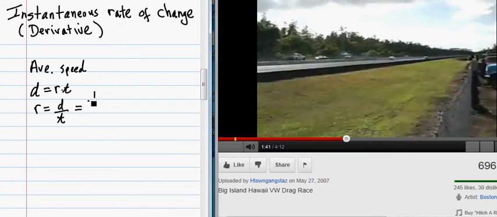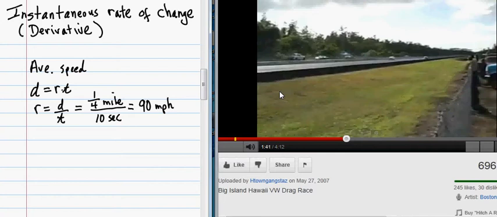And it was a quarter-mile track, and if you watch the video and look at the timer on the video, you can see that it took them about 10 seconds to finish. And if you do the math on that, you get an average speed of 90 miles per hour. So that's the speed that you could have gone from beginning to end and ended up the same place at the same time.